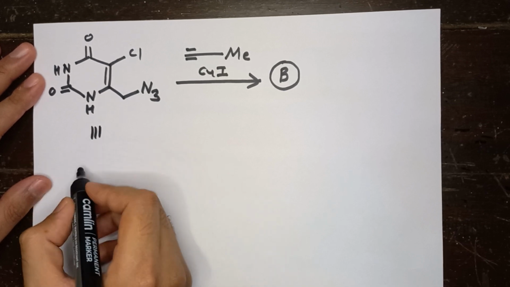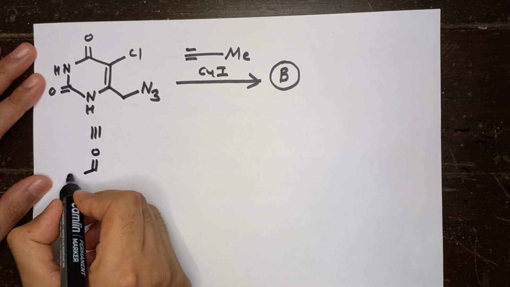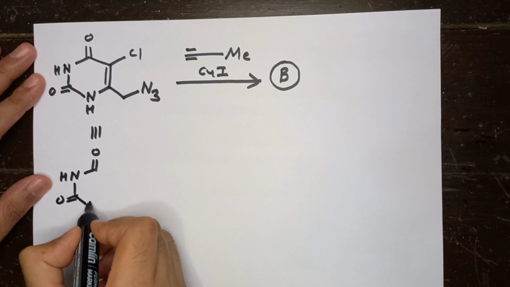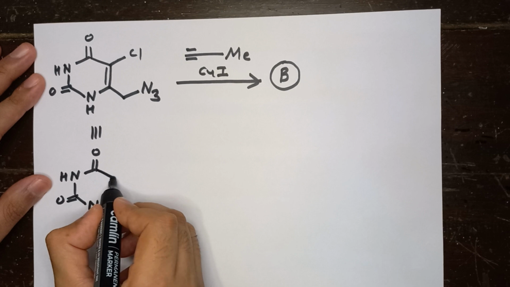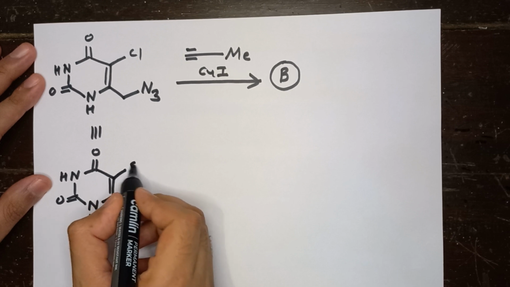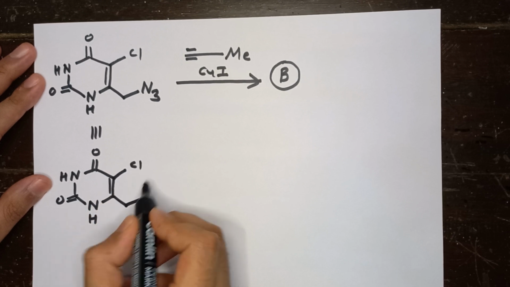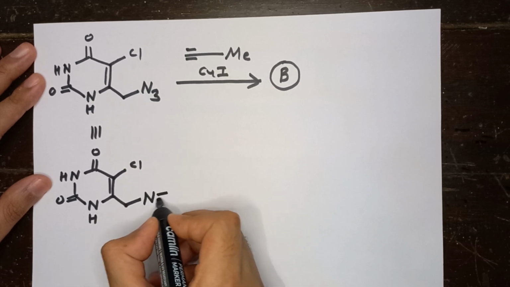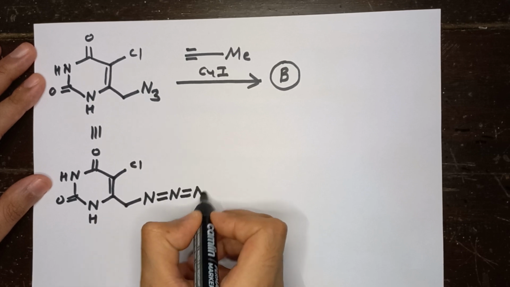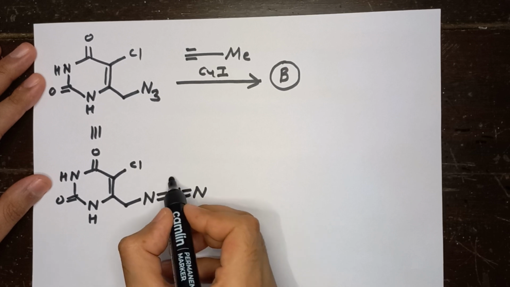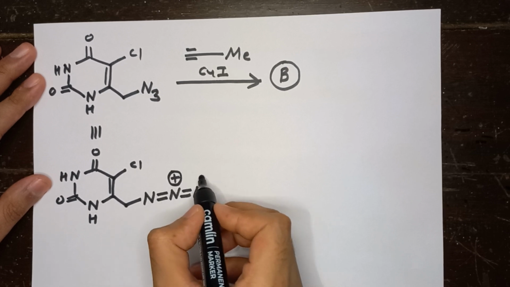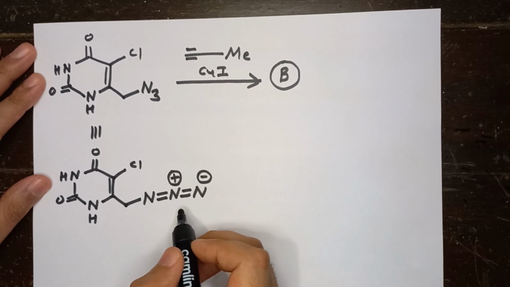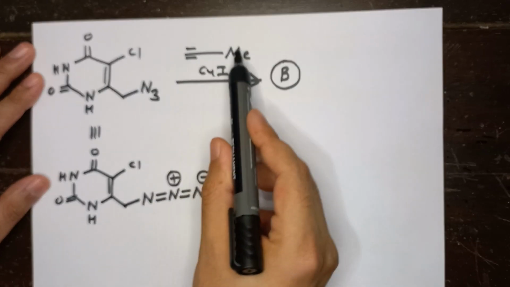So I can write this molecule as, so this N3 part of azide is a linear part. So azide is a linear molecule, a neutral molecule, because we have a cation and an anion sitting on the same molecule. Now let's bring the alkyne group.